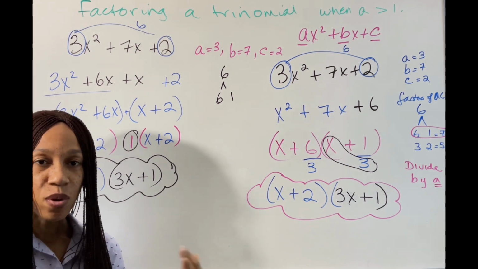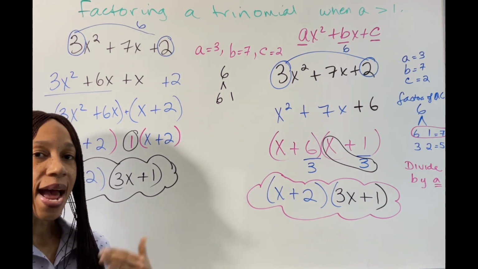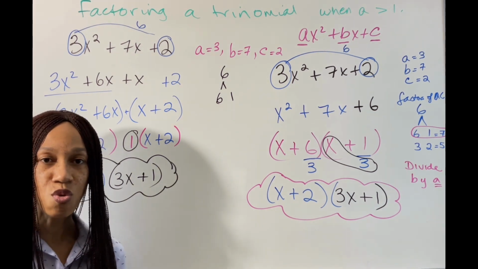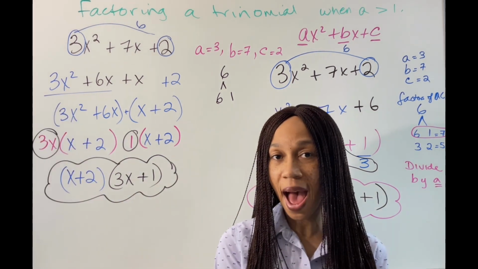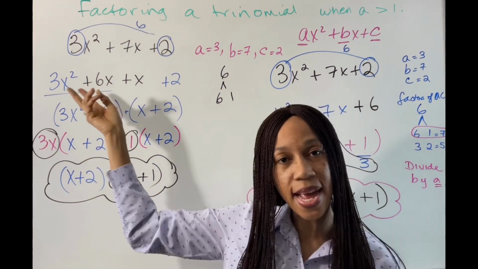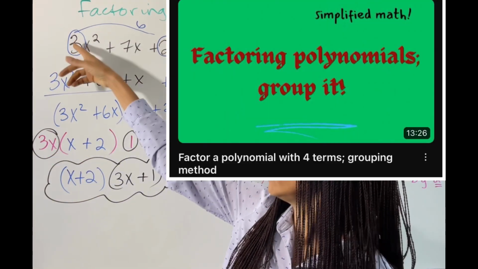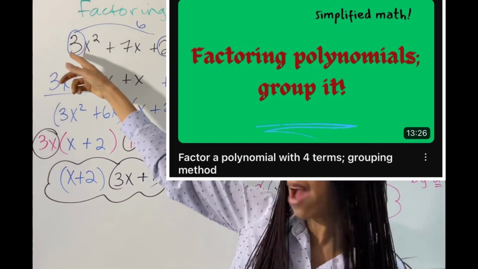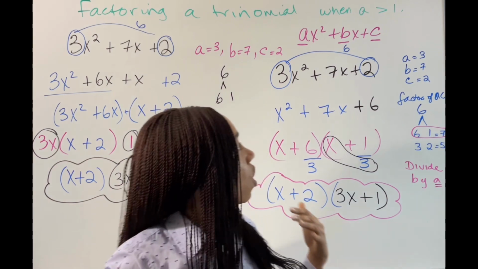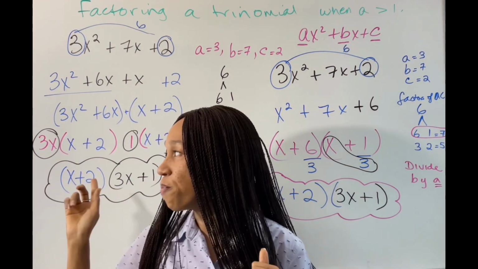And there was another example that I gave at the end of the video where you can use the cross method. Now that you have learned how to use the grouping method when a is greater than 1 by using the ac method, where you multiply a by c and continue with the grouping method.